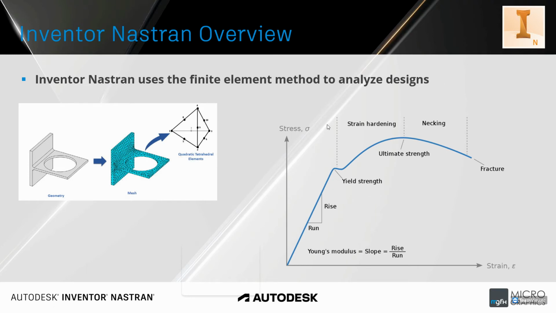So just taking a look at Inventor Nastran, an overview. We know that Inventor Nastran uses the finite element method. Right? So in layman's terms, it breaks the model up into little pieces called elements, right? And we know at the ends of each element, we have things called nodes, right?